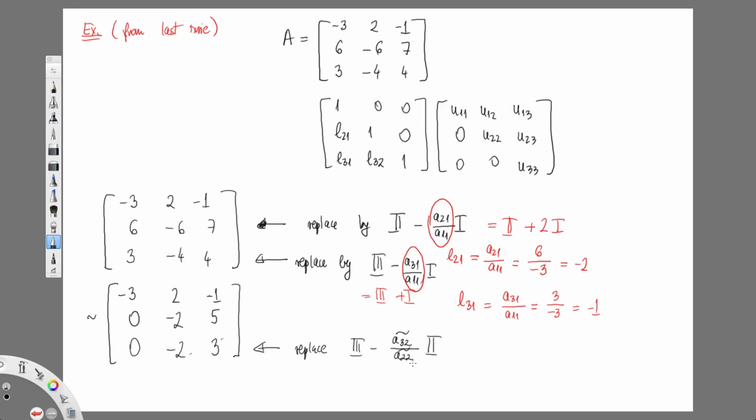I have to get them here. So my L32 is actually this, and that is minus 2 over minus 2, which is 1.